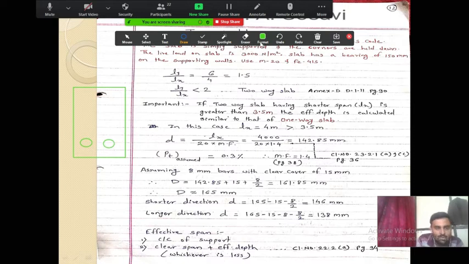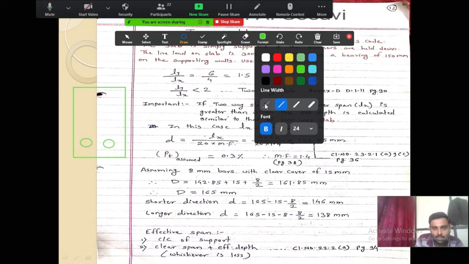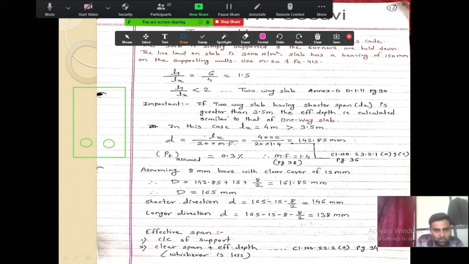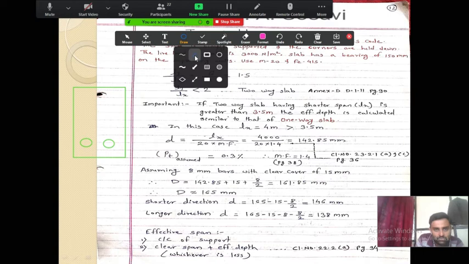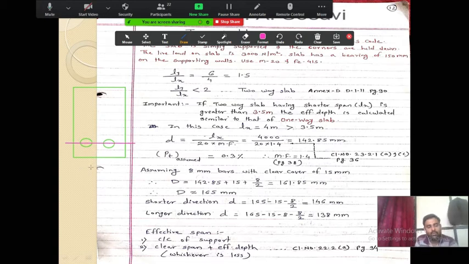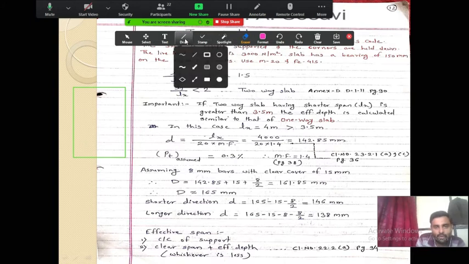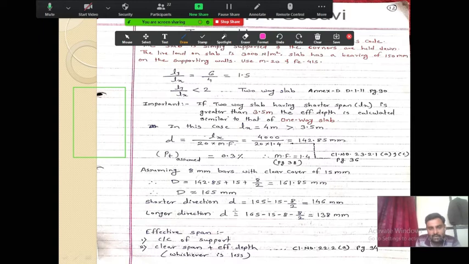Okay, so now if I draw the axis, so this is the axis again. So these are the bars which are placed in the, so instead of this I will tell you now what I have told you already. We have laid down the bars in the x direction, the shorter direction.